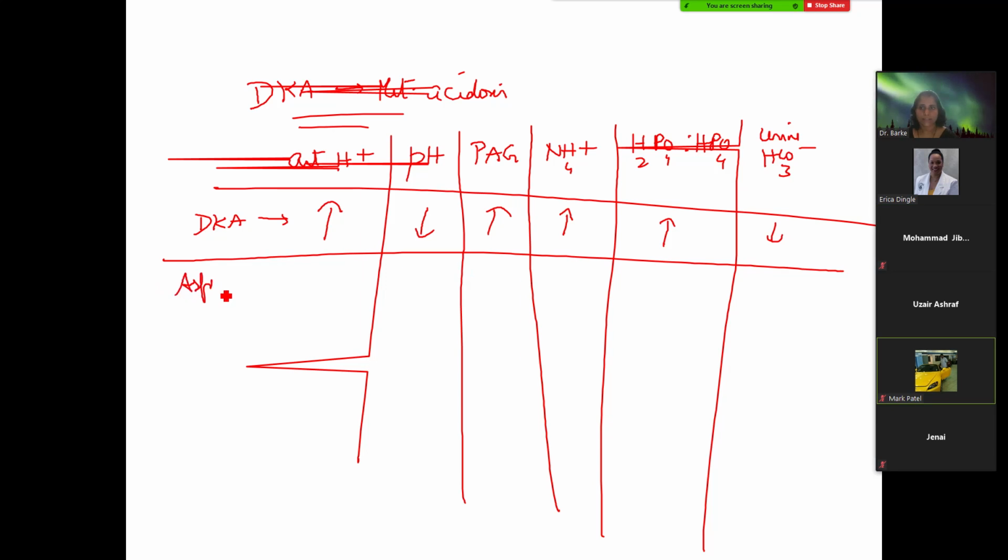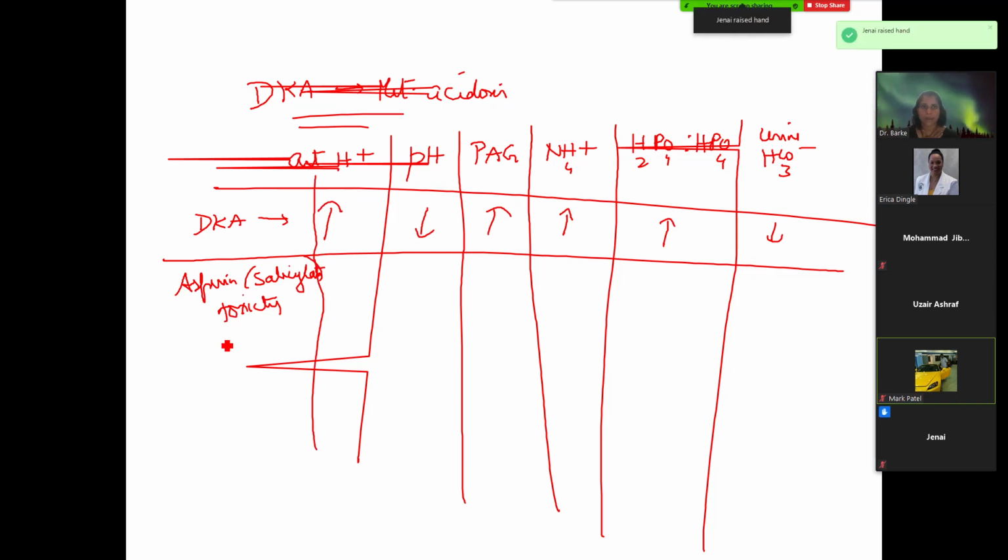Aspirin or salicylate toxicity. Let's come back to that. Question: why does the NH4 increase in diabetic ketoacidosis?